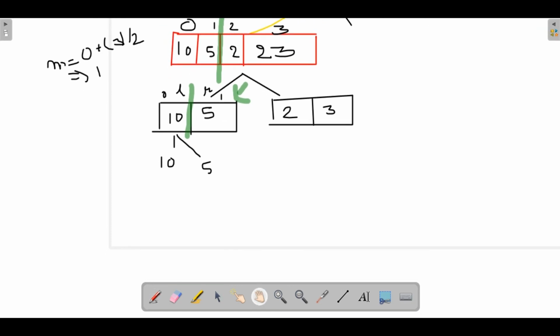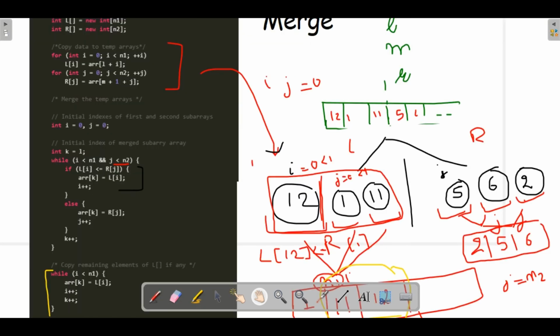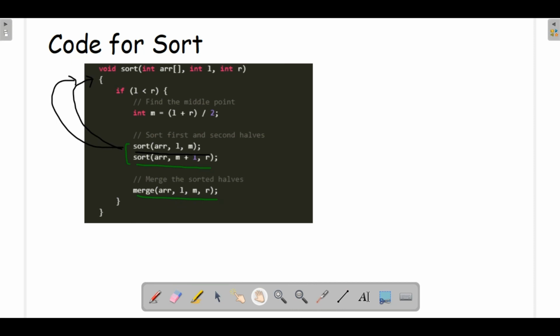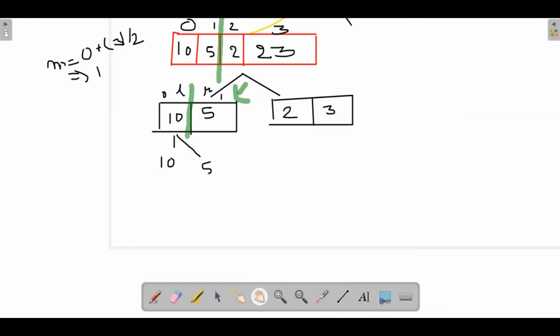After 10 and 5, this is complete for this part. Now it would be going back here and would be parsing part 2. So we would be getting 2 and 3, two elements.